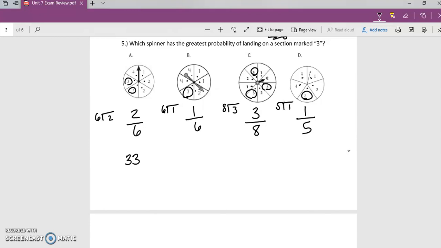And again, you can find the decimal and convert it to a percent, but this one would be 33%, this one would be about 17%, this one would be about 37%, and this one would be 20%. So the one that has the greatest chance would be letter C.